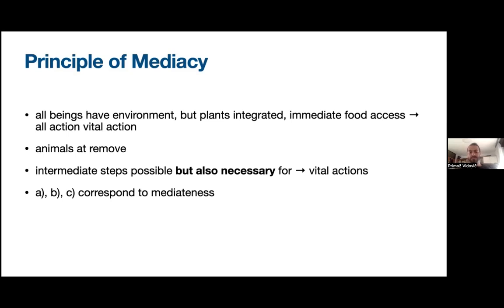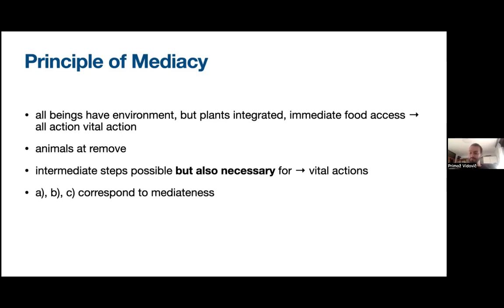They can synthesize it from the nutrients which are immediately available in their vicinity. They have neither the need nor the opportunity to move to get to their food because it's already available, which has important implications for the way the plant or some kind of life form is going to evolve, what evolutionary pathways are going to be open to it.